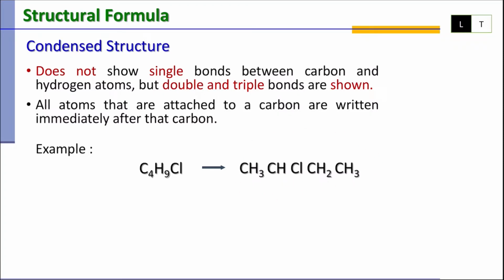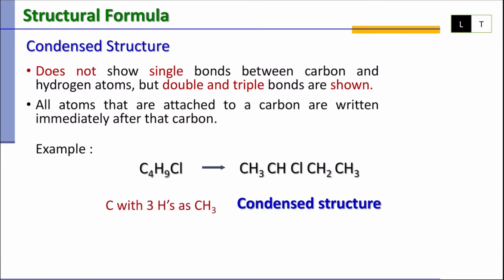And you can see that carbon with 3H dia akan jadi CH3. Okay, maknanya kalau carbon ni dia ada bonded kepada 3 hydrogen atoms, dia akan exist sebagai CH3 dalam condensed structure. So ini adalah salah satu contoh macam mana kita tulis condensed structure.